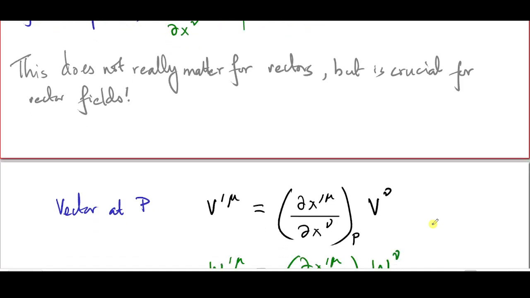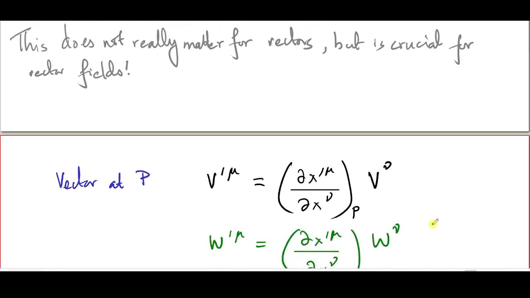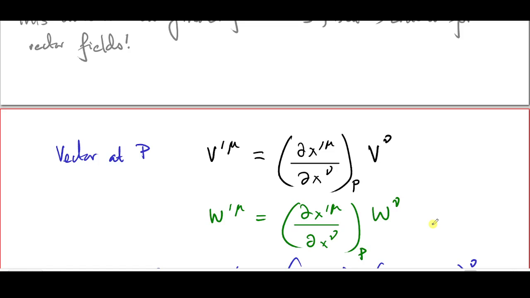If you take two vectors at P, let's say capital V and capital W, then the way they transform under coordinate transformations, here we have been careful to indicate that the derivatives are evaluated at the point P, of course, they transform identically with the same coefficients.